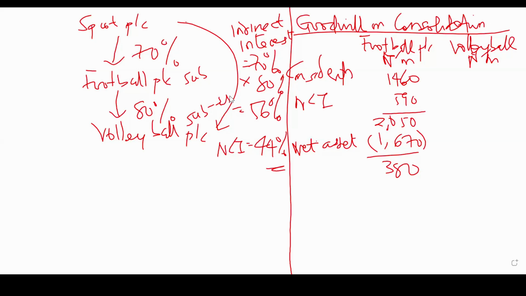How did they make an indirect investment? Football PLC is a subsidiary of Sport PLC, and Football PLC made an investment such that they have controlling interest in it. What does that mean for our group account? It means that we have an indirect interest.